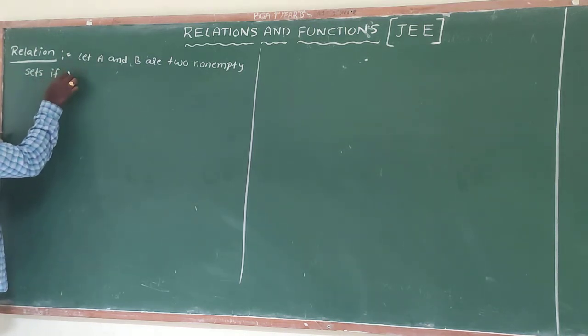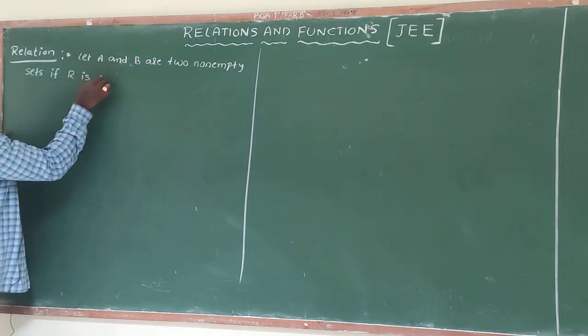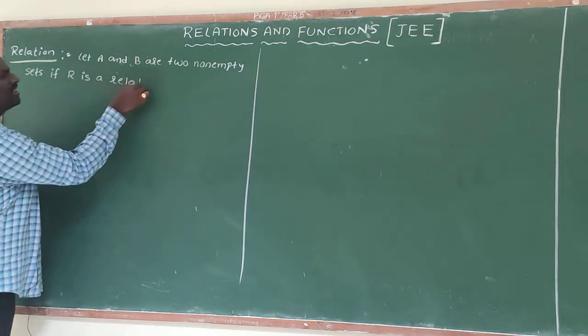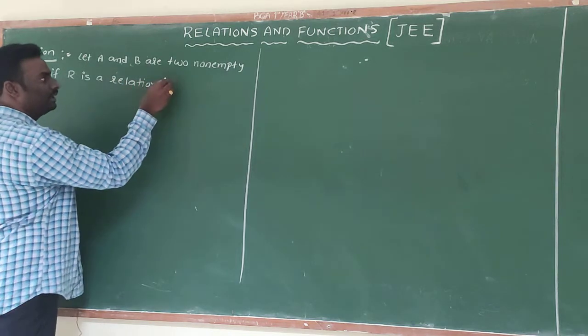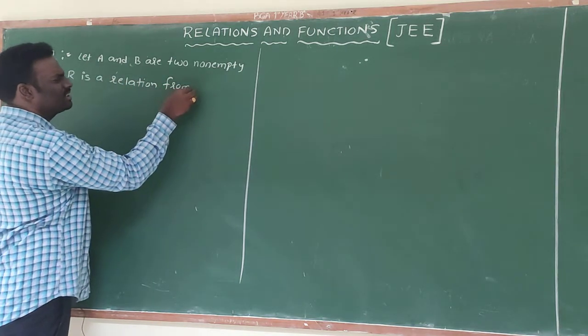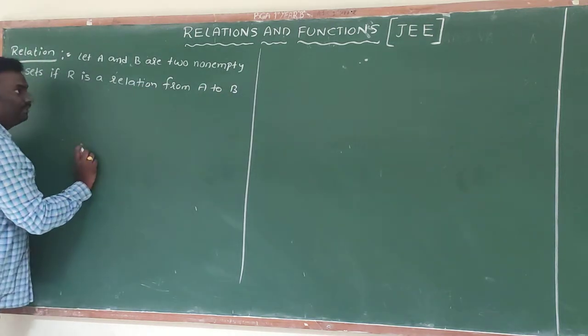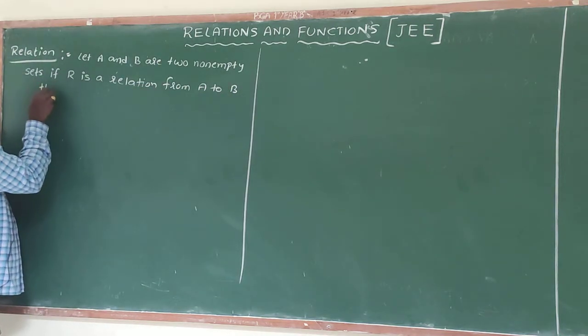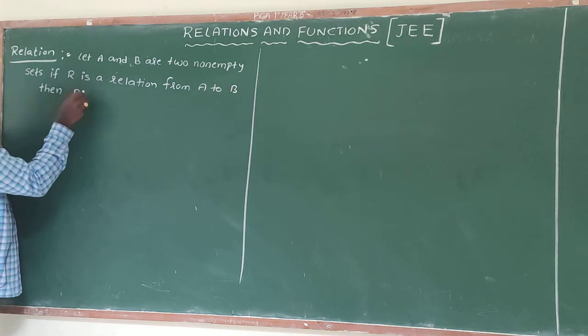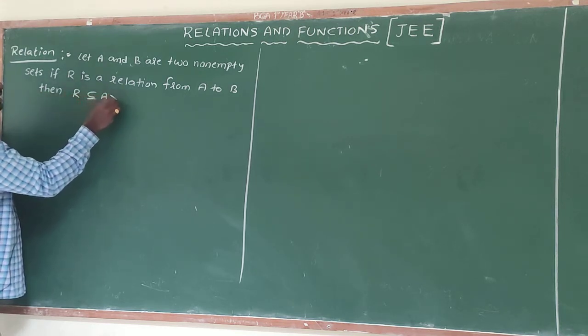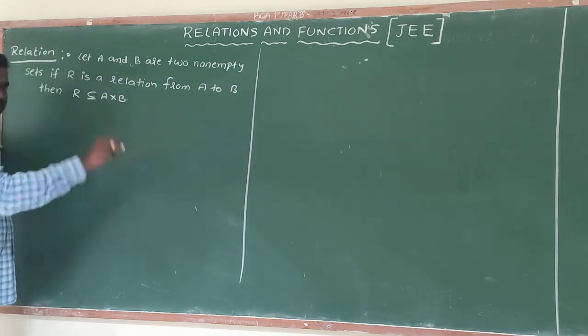If capital R is a relation from A to B, then R is a subset of A cross B.